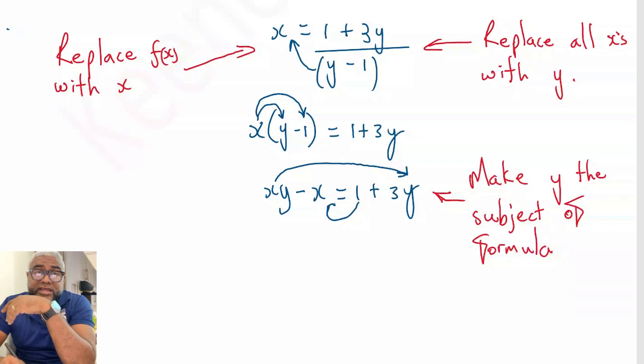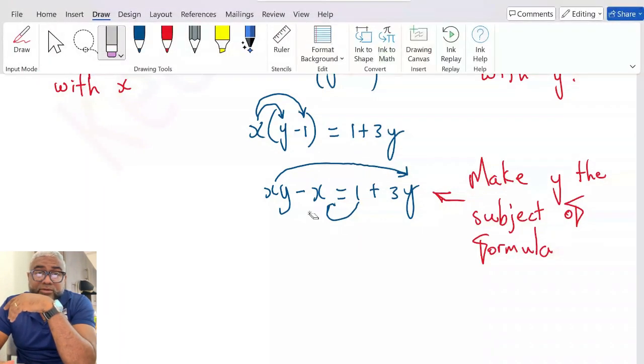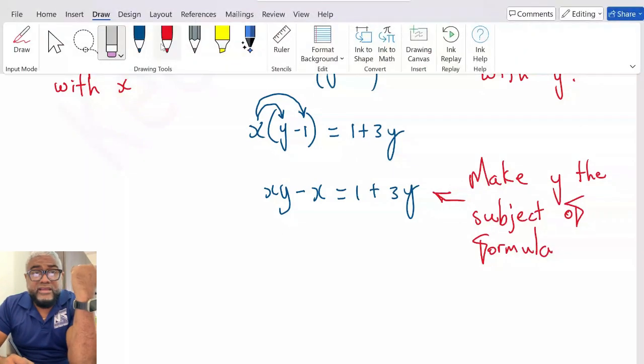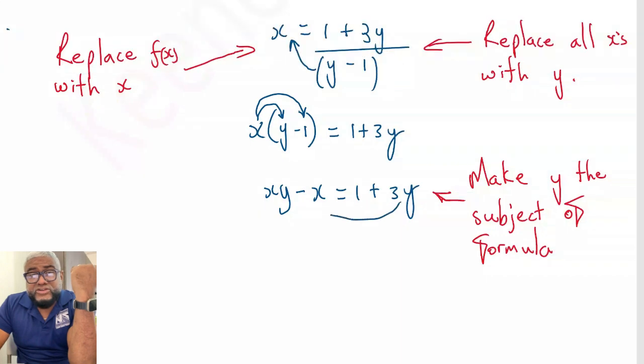That's one way you could do it. I would have just moved the 3y to the right, to put all the y's together, and then I would have moved the minus x here, just to make it look a little simpler.